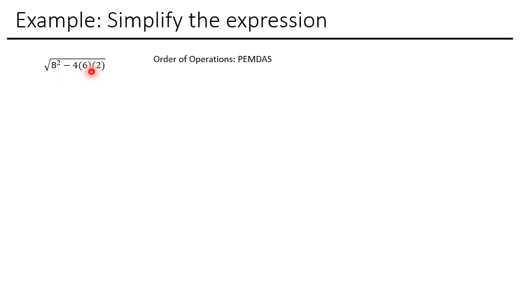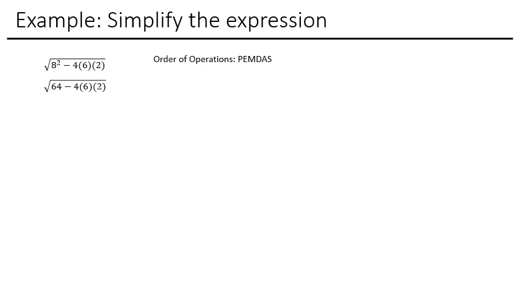So these parentheses are just being used to separate these numbers, but there's no math being done inside of those parentheses. So I can ignore those for right now. But we do have this exponent, so that's going to be our first step. So 8 squared is going to be 64.